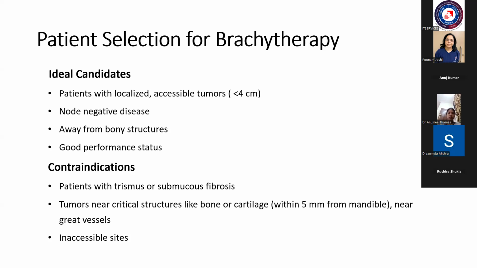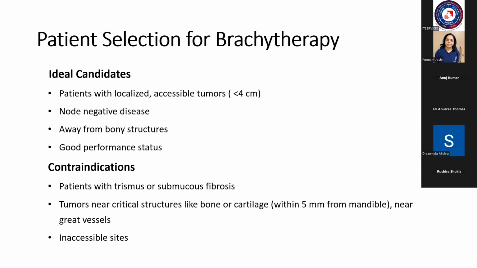The contraindications are those patients who have trismus. For example, if you have an early buccal cancer but the patient has trismus or severe submucous fibrosis, it will be difficult for us to place the catheters. Also, when the tumor is situated next to critical structures like bone or cartilage, there is an incidence of osteoradionecrosis, which happens if the lesion is very close to the mandible.